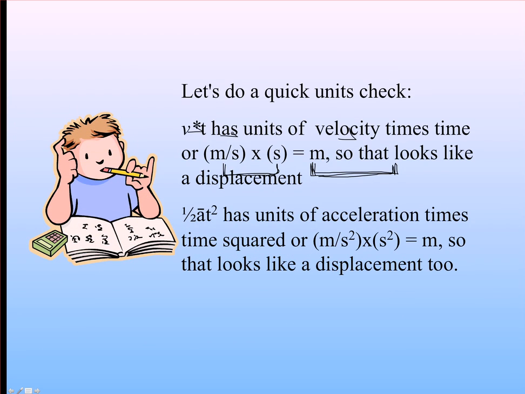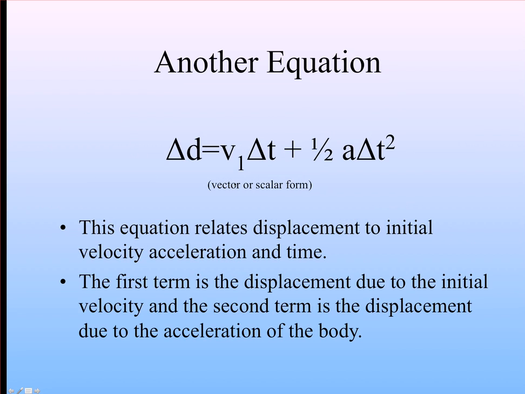And so if we were to check units, in this first portion, velocity comes in units of meters per second times units of seconds. These will cancel. This will come in units of meters then. Acceleration over here comes in units of meters per second squared times time squared, which has units of seconds squared.